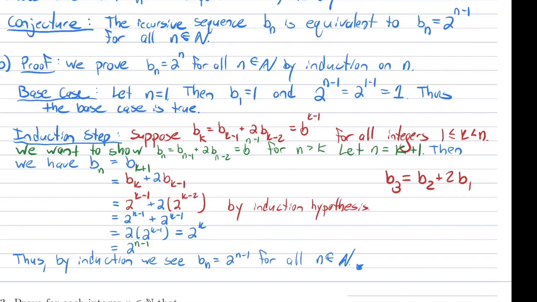When you're working with recursively defined sequences like this, you need to prove as many base cases as there are special cases of the terms in the sequence. And then once I hit the general term, we're good to go. So in a problem like this one, since the first and the second terms in the sequence were not defined recursively, they were just given to us, we would need to check both of those two cases before going on to the induction step.